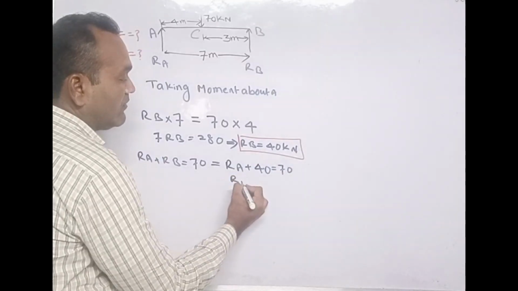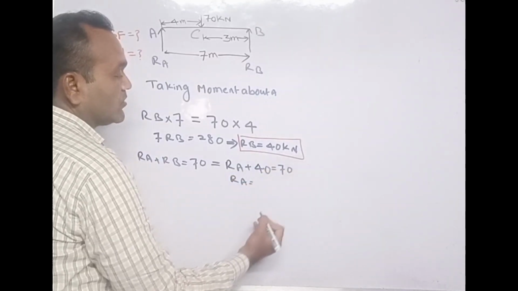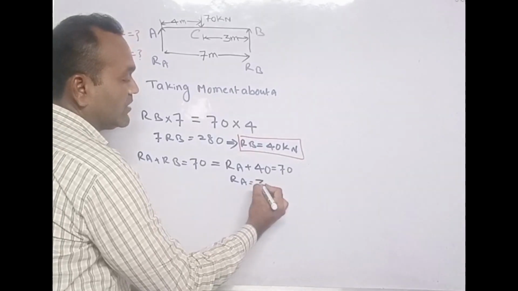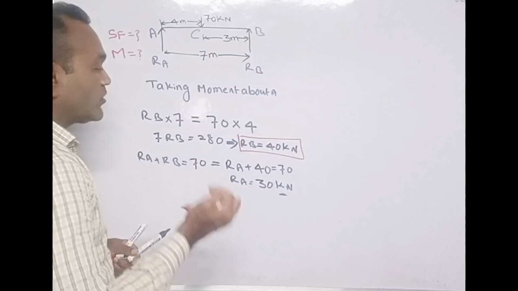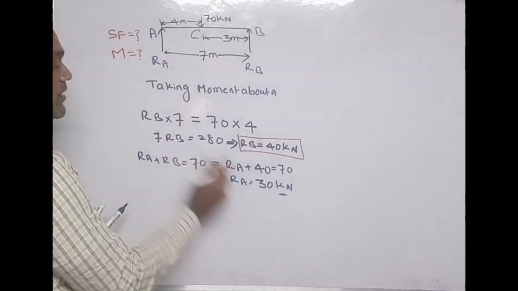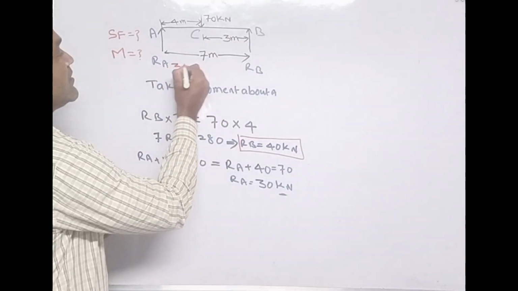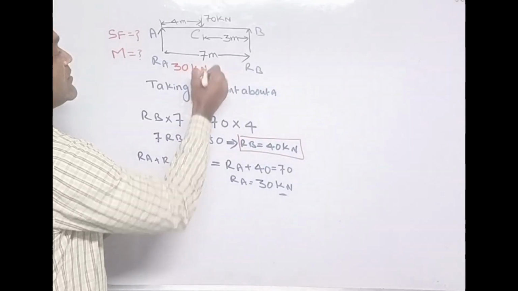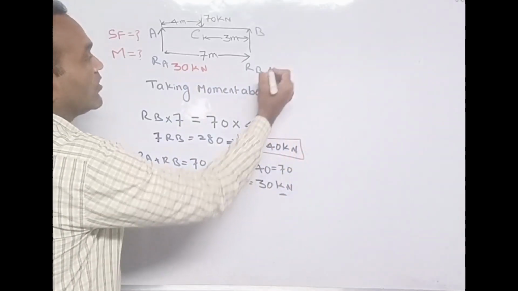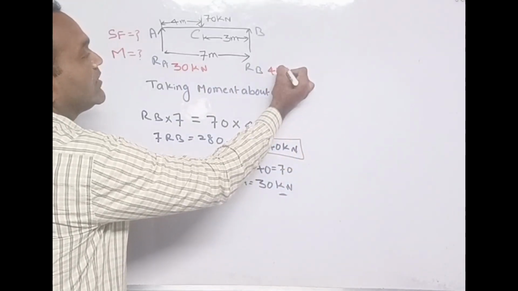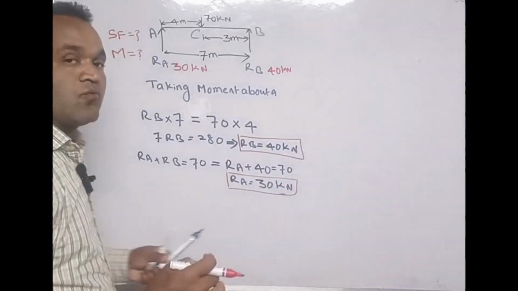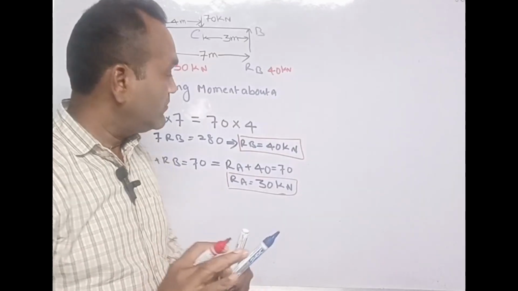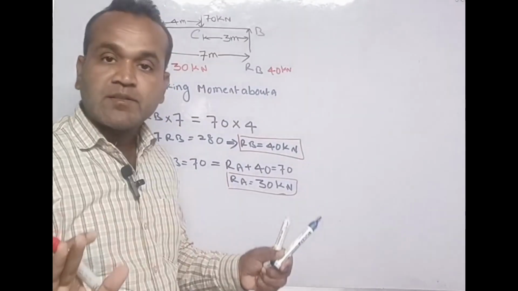If we simplify this, 40 goes to this side means minus 40. It will be 30 kilonewton. We have got reactions. RA means 30 and RB means we have got 40 kilonewton.